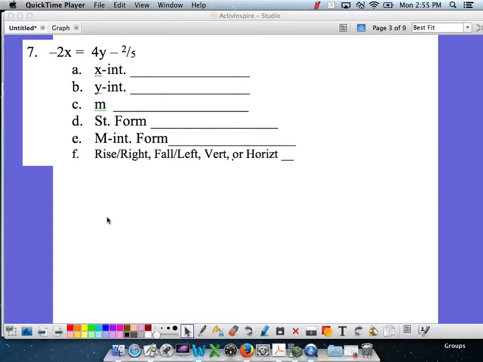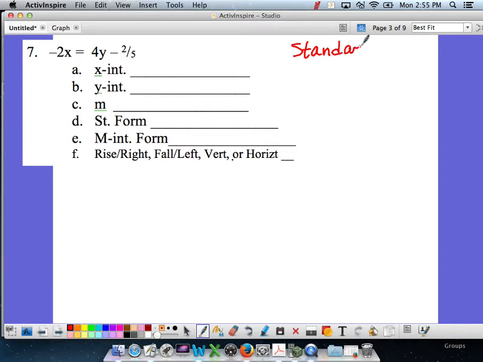The first thing I'm going to do is put this in standard form. When I go to write this in standard form, there are several things that I have to remember. It's in the form of ax plus by is equal to c, where ax is positive.